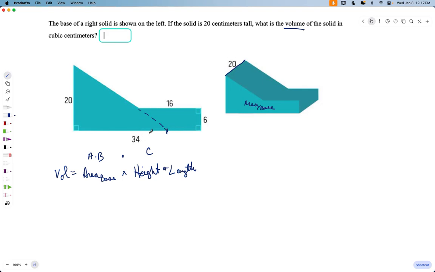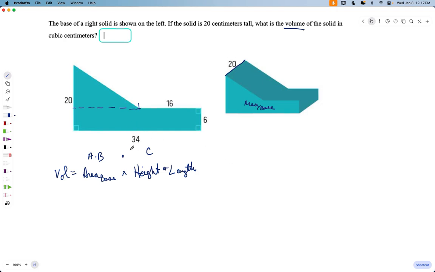We're not given anything that divides it here. But we are given a dimension that divides it right here. So what we need to do is cut this off as a triangle across the top, and then treat everything down here as a rectangle across the bottom.